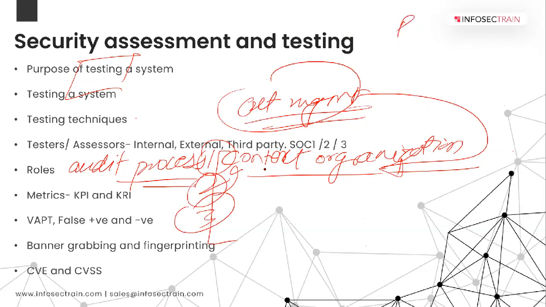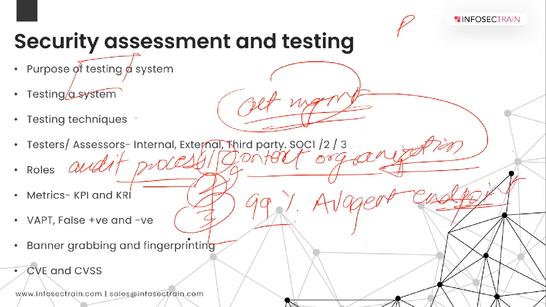Since my policy document states that there will be 99% AV agent availability in all endpoints, that sounds like a scope. I figured out my scope. Now I'll choose the audit team, whether I want internal people to do it, external people to do it, or a third party to do it. That is what we choose now.